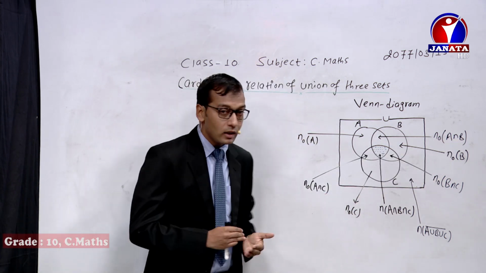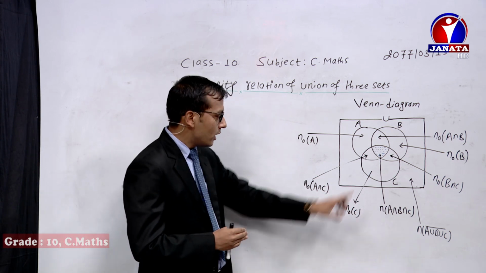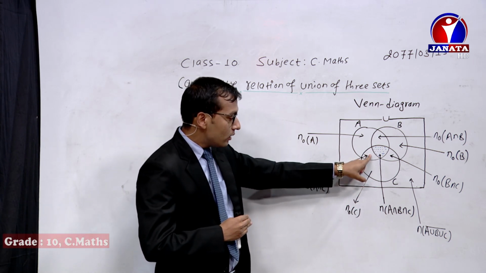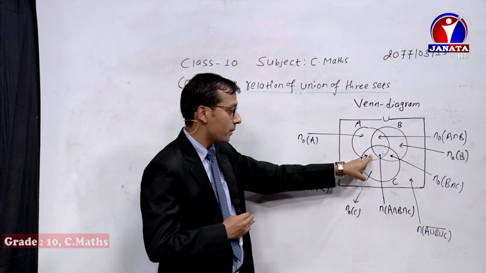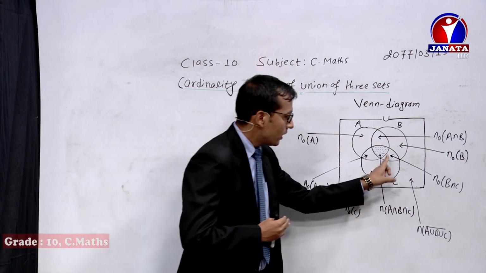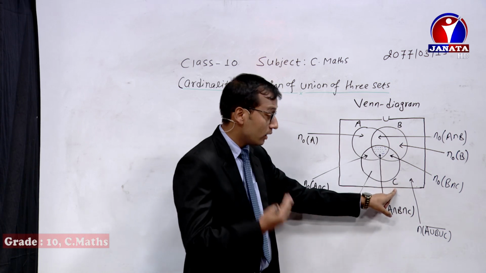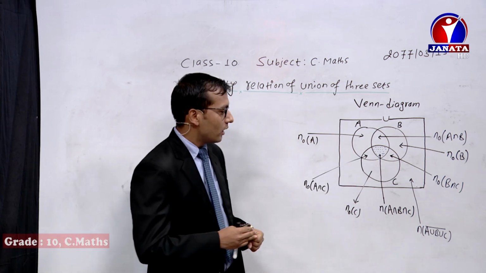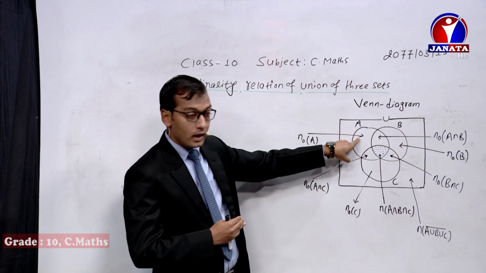Similarly, we can see on the diagram there are different set notations which I have mentioned. So this one is n only A intersection C, because this region is the common region of only sets A and C, but this is not the region of set B. So we have to write n only A intersection C. Similarly, if we look at this region, this is the common region of sets B and C only, but this region does not belong to set A. Lastly, let's see what the set notation is for this region.